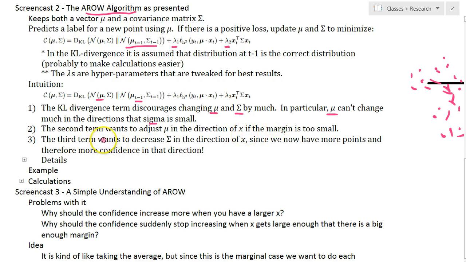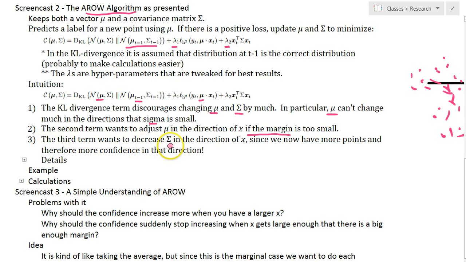Now the second term, this is the loss term, right? The term that tries to make you update mu in a direction more similar to x, if the margin is too small, because you can create a loss that is positive even when you get the correct answer.